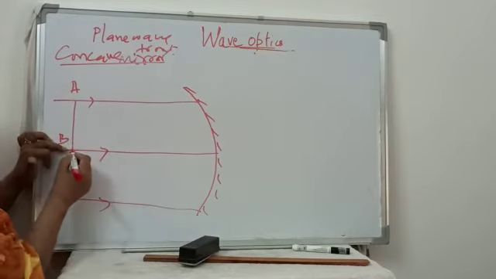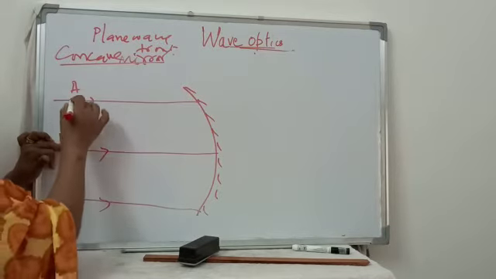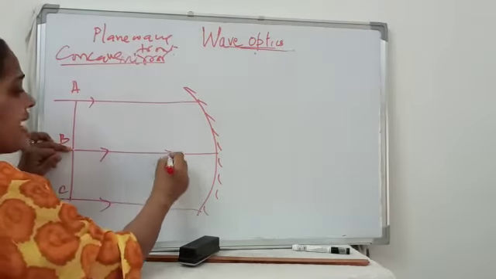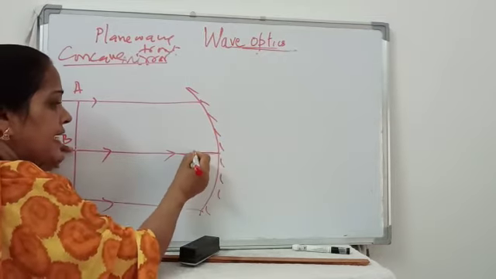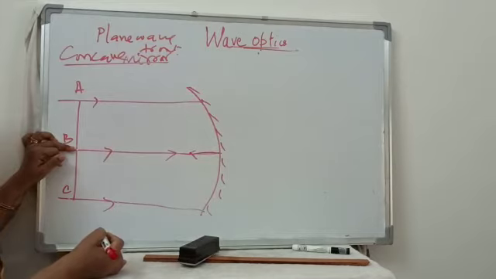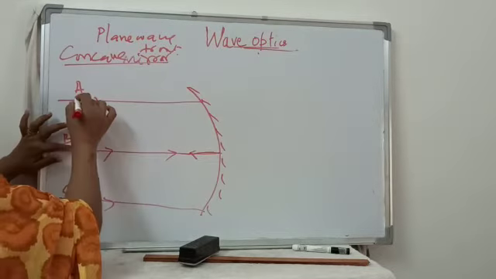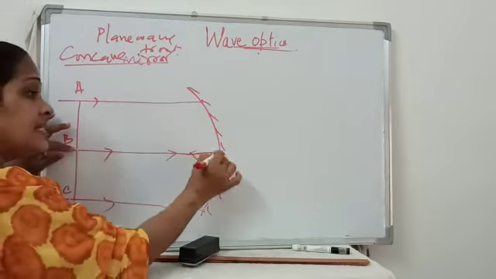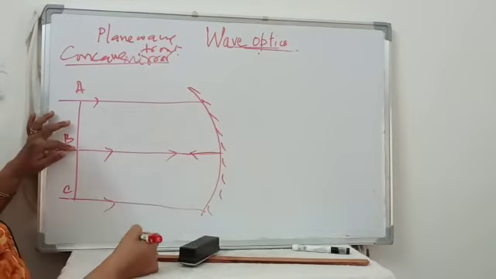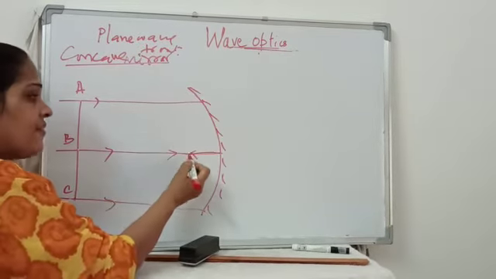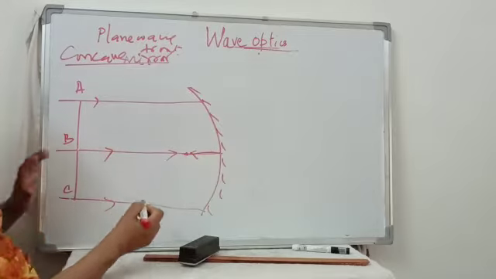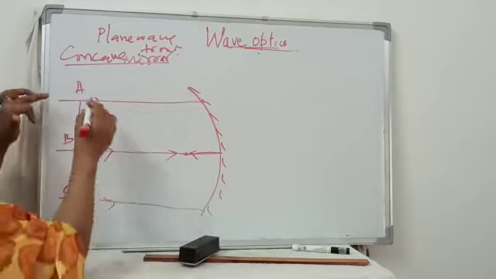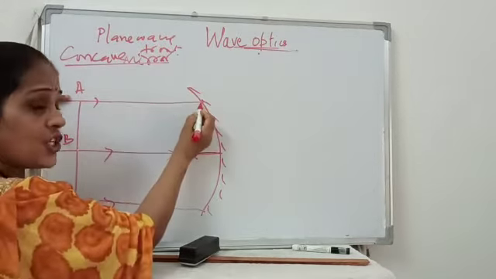But if you see the point B, compared to A and C, it has to travel a longer distance before it gets reflected. So after reflection, it can travel only a shorter distance. A and C travel a longer distance after reflection.